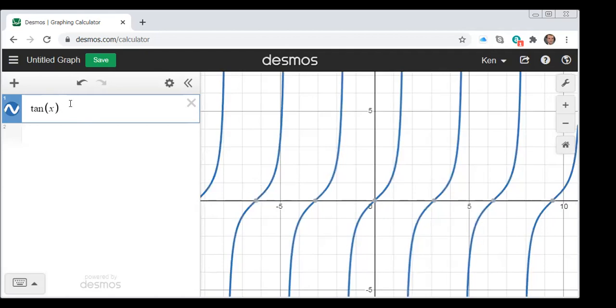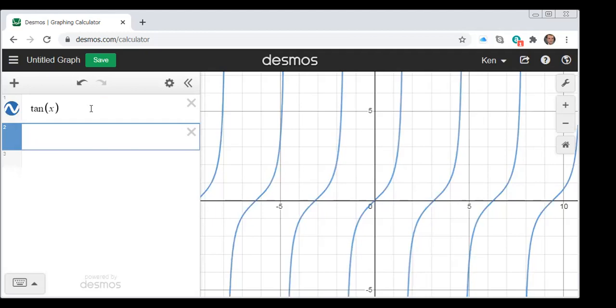So tangent is continuous except at pi over 2, negative pi over 2, and then plus or minus 2 pi, like 2 pi plus pi over 2, 4 pi plus pi over 2. It's discontinuous there. 2 pi plus negative pi over 2, 4 pi plus negative pi over 2. Continue to be discontinuous. But let's just focus on pi over 2.